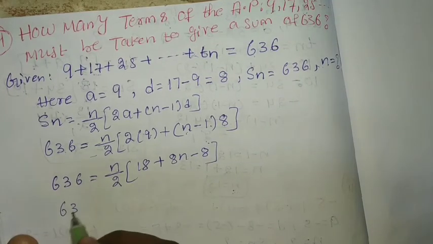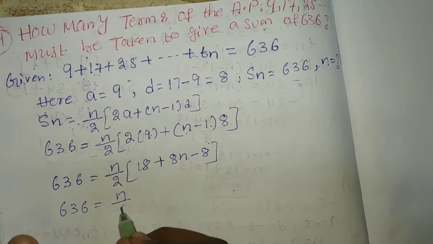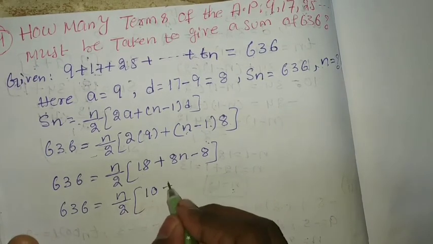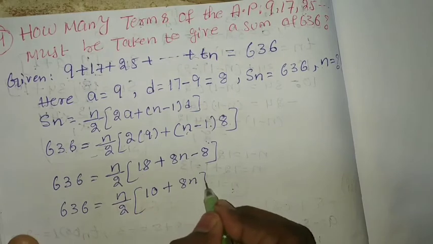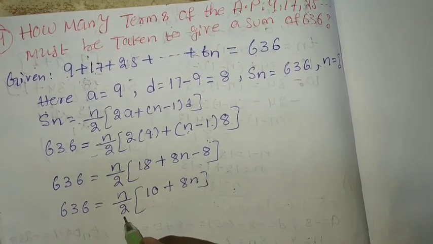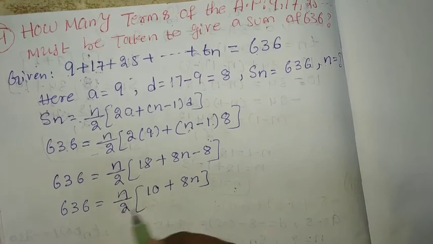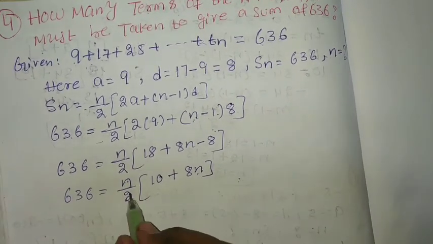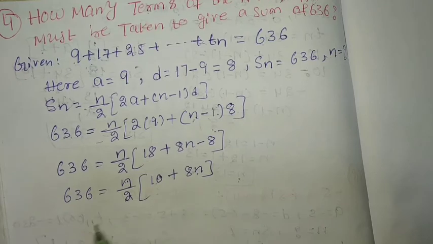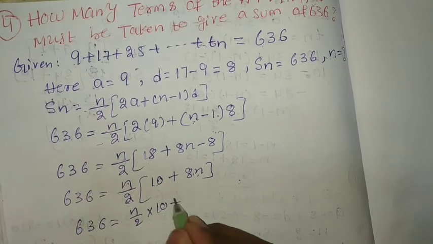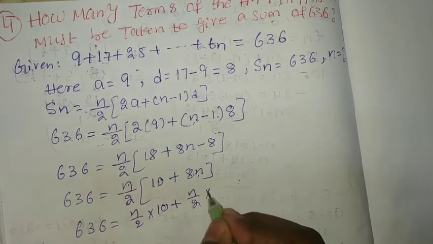So 636 is equal to n by 2 into (18 minus 8, we get 10, plus 8n). Now multiply inside: n by 2 into 10 plus n by 2 into 8n. You have to multiply these two terms also.